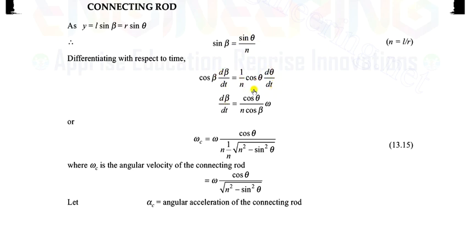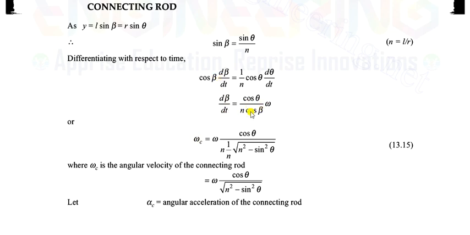Now, what is this beta? The angle beta is the angular displacement of the connecting rod. So d beta by dt means what? This will give you the angular velocity of the connecting rod. So d beta by dt is equal to cos theta by n.